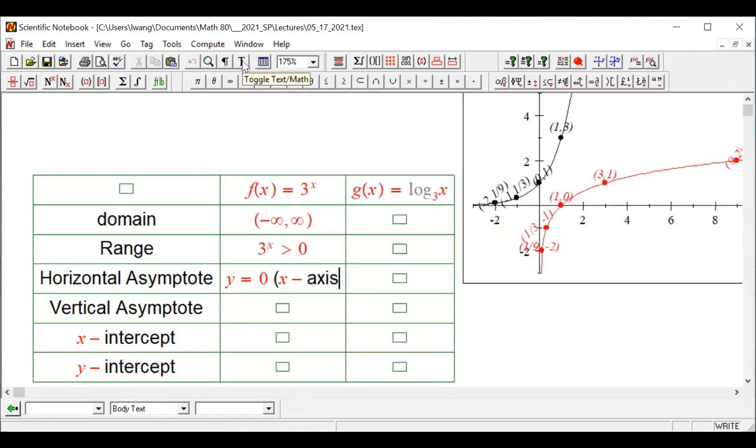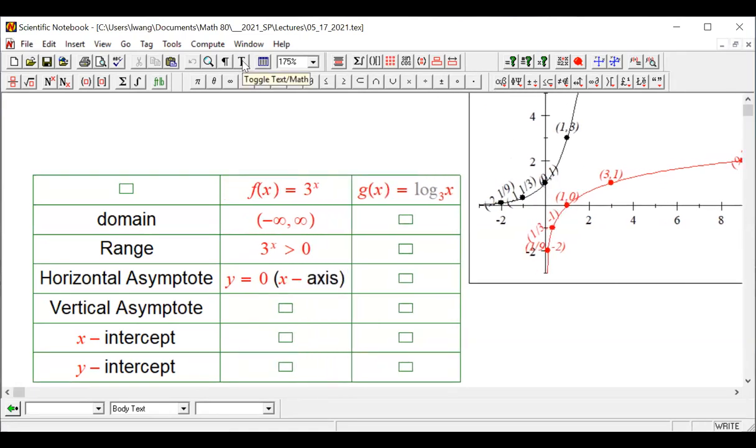The vertical asymptote: none. The x-intercept: none. The black curve never crosses the x-axis. It gets infinitely close to it, but never touches it. The y-intercept: yes, (0, 1).